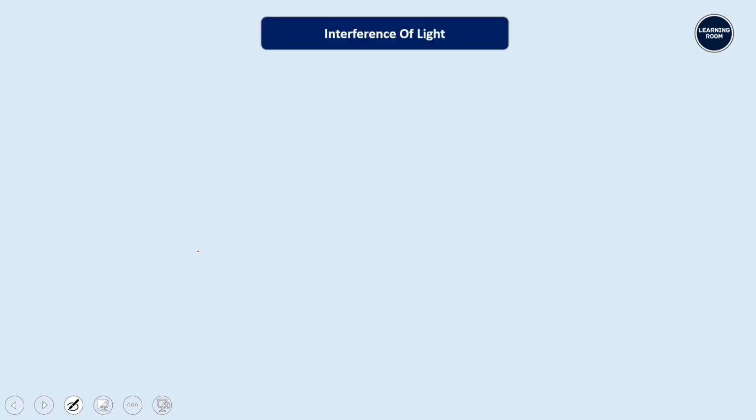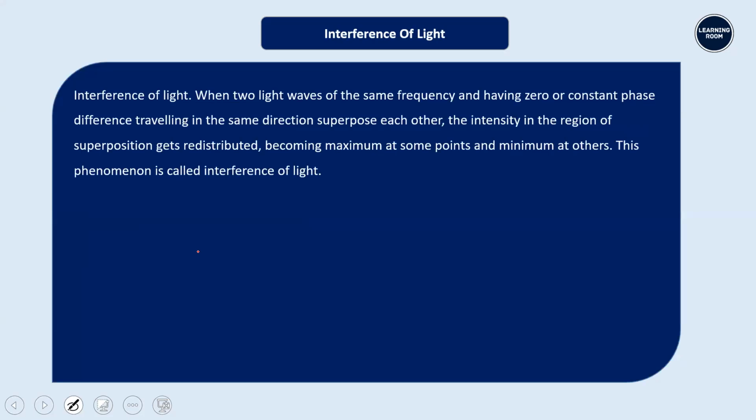So based on this, I already explained to you the concept of interference of light. So write down the statement for it. Everything is the same. It's like the principle of superposition remodified in different ways. So interference of light mainly speaks about superposition only.